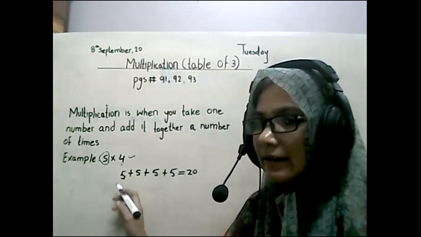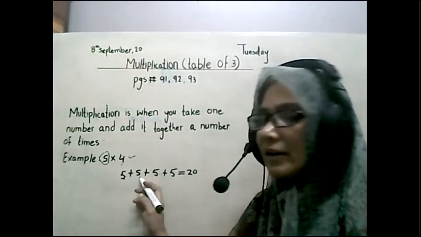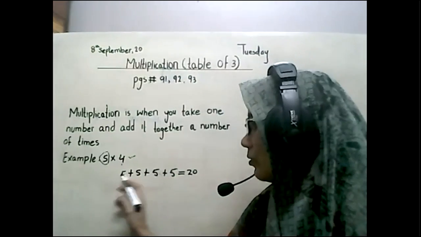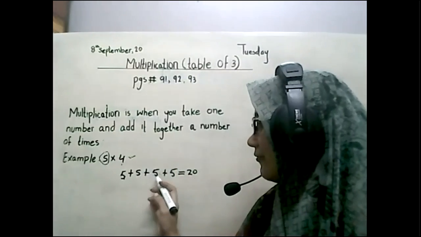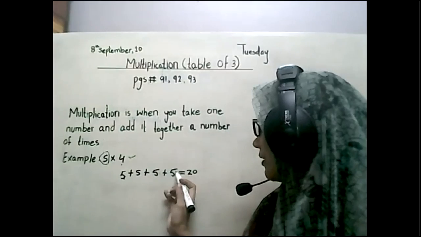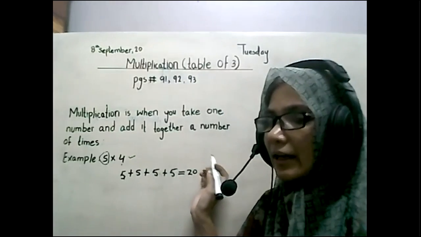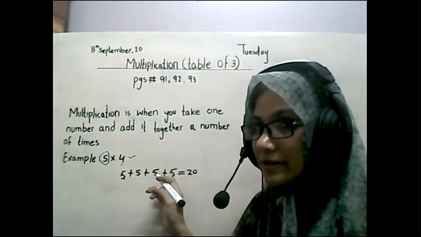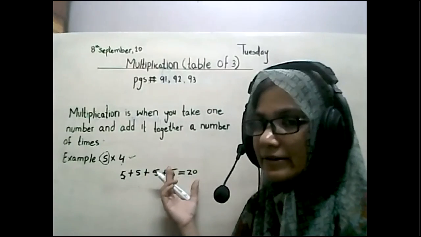By adding the same number over and over again, it is easy to count: 5, 10, 15, 20. Now 20. This method is sometimes also called times, because we are adding it many times.